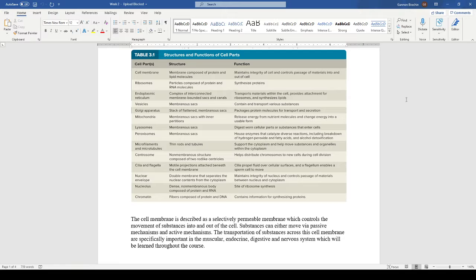Next, vesicles. So within the cell, we'll have small packages, I guess you could call them, and they're sacs that are surrounded by a membrane, and they transport substances throughout the cell.